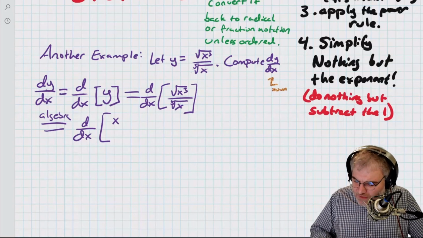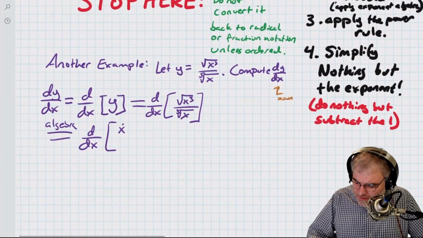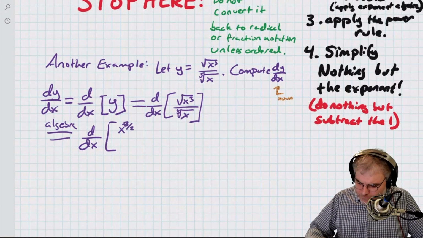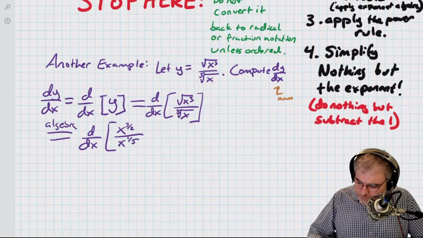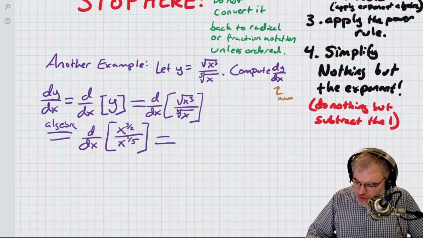The square root of x cubed is x to the 3 over 2. And this right here is x to the 1/5. Now, again, algebra only, no calculus done.